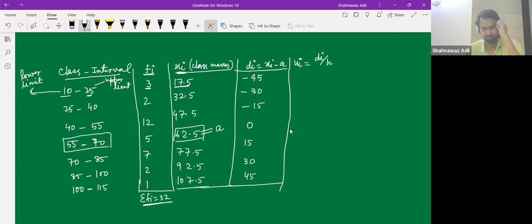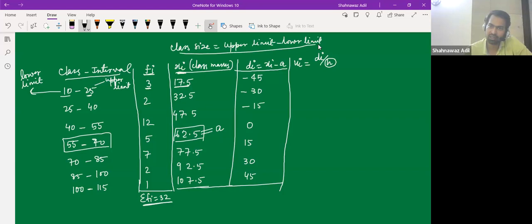And what is this h, guys? Any of you remember what this h is? Class size. Class size, right? So what was the class size? The upper limit minus lower limit. Good. So this was upper limit minus lower limit. Then we calculate this ui. So di we have already calculated. So what is the class size?